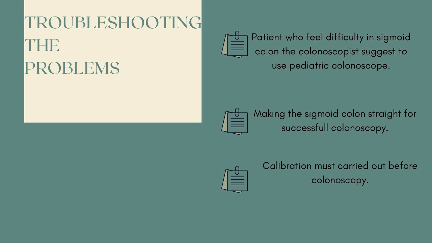A successful colonoscopy depends on making and keeping the sigmoid colon straight during and after the scope reaches the descending colon. Before using the colonoscope, calibration is a must, checking whether the cable is damaged or any discontinuities have occurred, thereby reducing troubles during the colonoscopy. These are the problems, and also the troubleshooting methods, for problems that arise during the colonoscopy procedure.